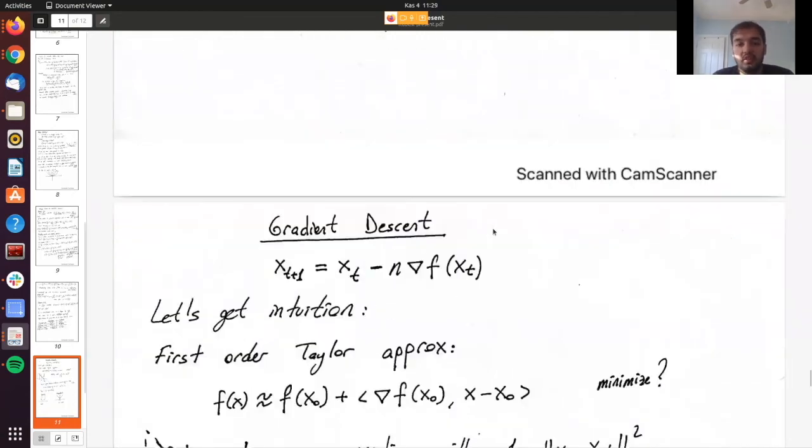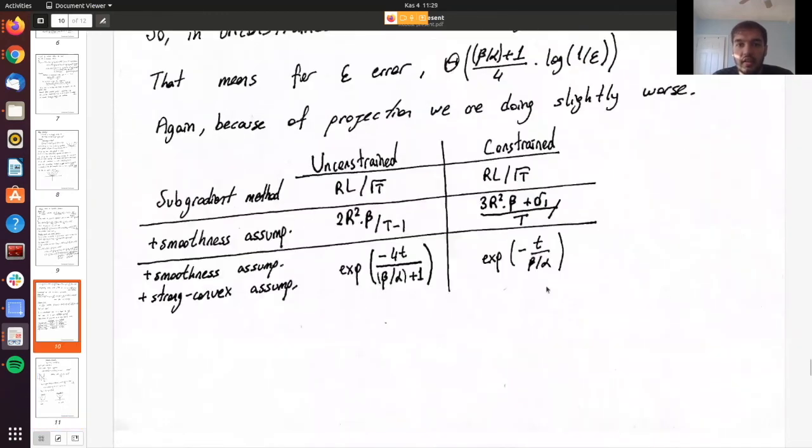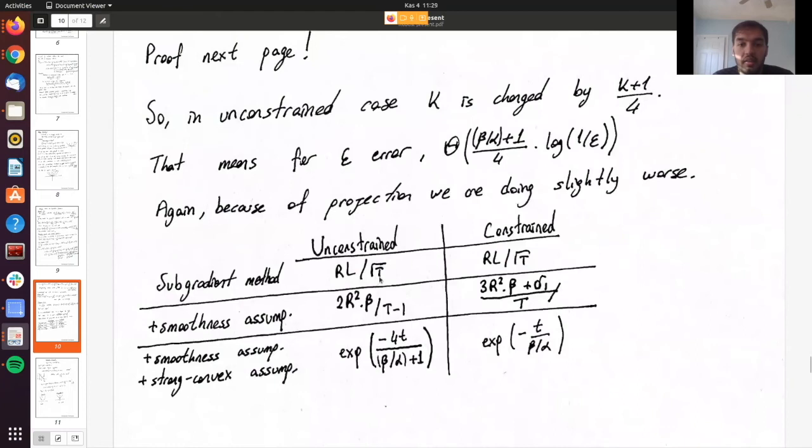So the reason is this. This is the first page. I think the reason is that our suboptimality in this case is bounded by the learning rate more because of this jumping over, because of this overshoot. So that's why it is more dependent on eta, the learning rate.